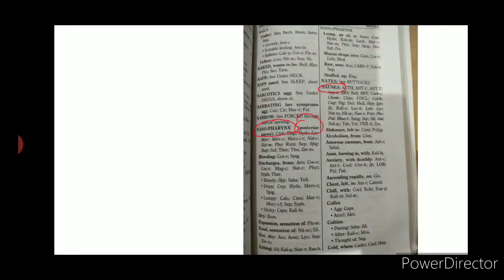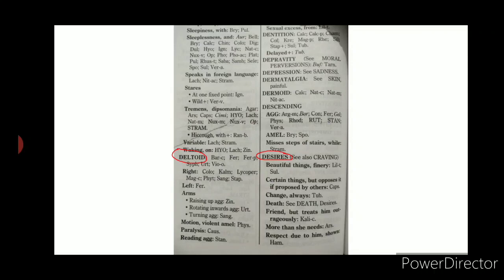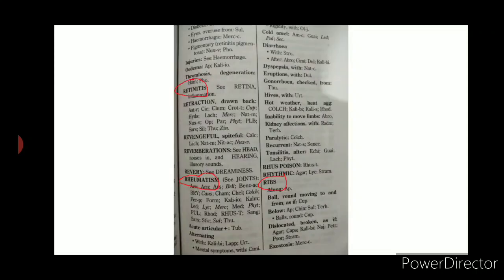The location of nasopharynx, location of deltoid, and after that in alphabetical order you will find one physical general, which is desire. So you can see over here the alphabetical arrangement of rubrics, whether they are physical generals, locations or mentals. You will find all rubrics written or included in alphabetical order.